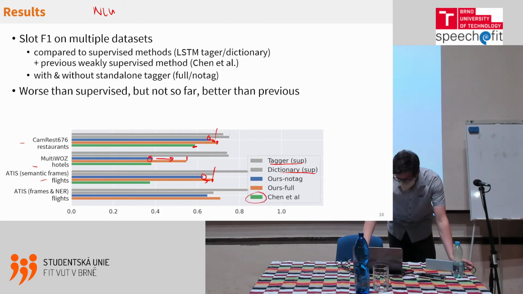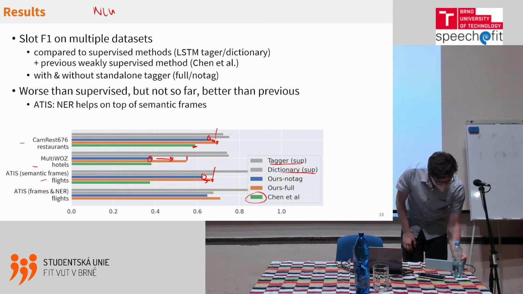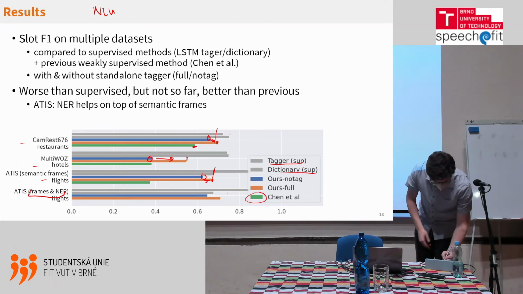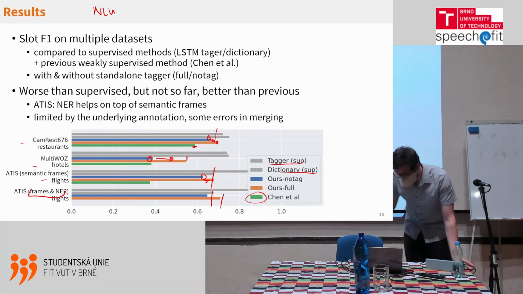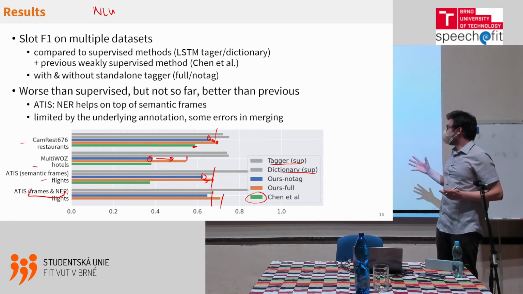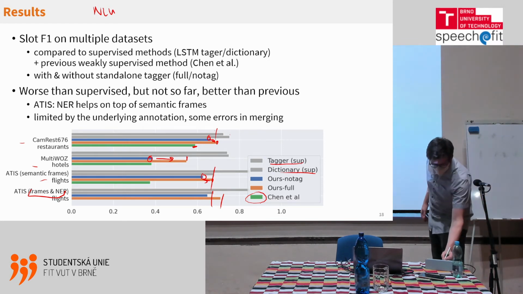And you can also see that if you combine the semantic frames and entity recognition, you can get better than if you just use the semantic frames. Not by much, but slightly better. And what we also found is, yes, it's not perfect. There's definitely some room for improvement.